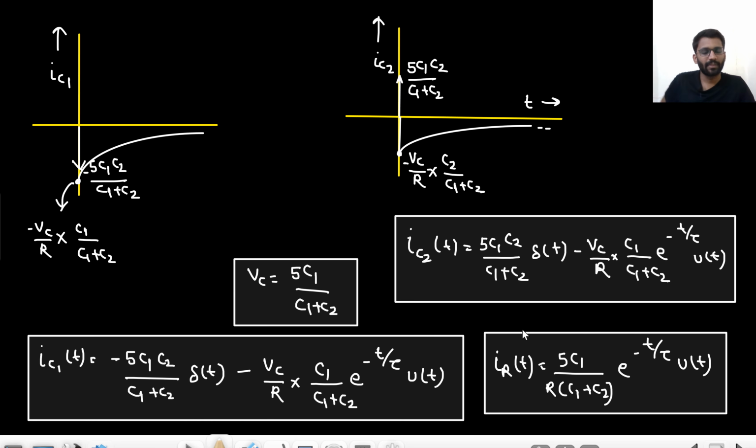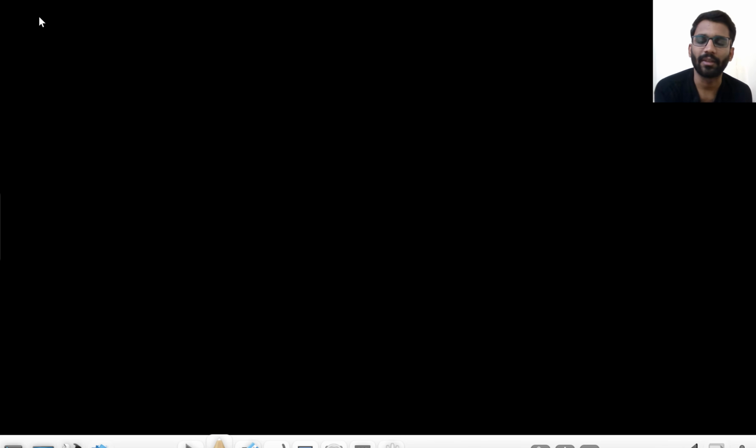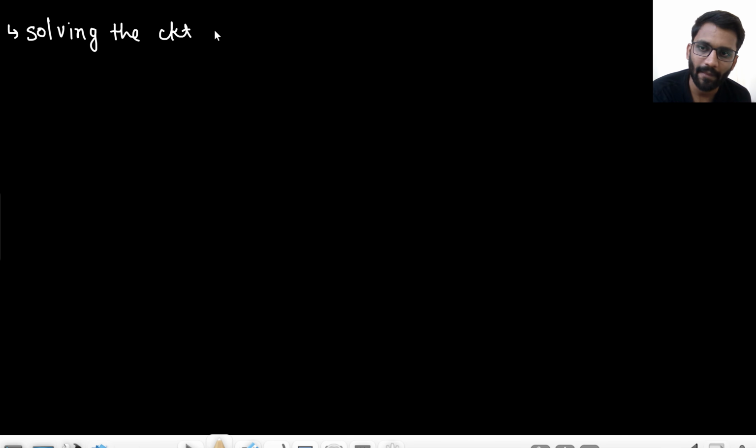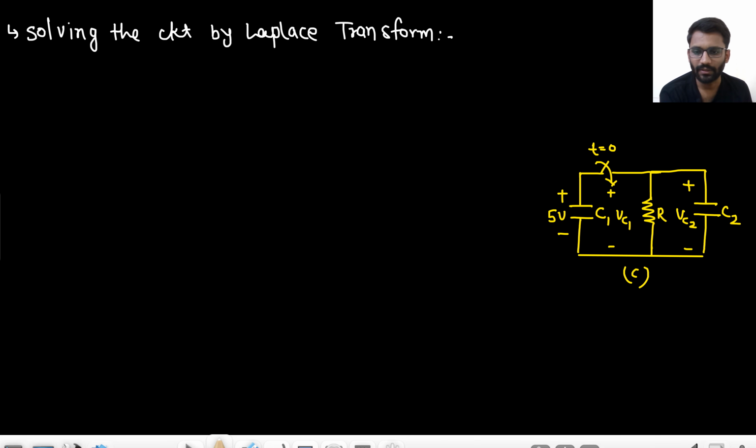You can solve the circuit by Laplace transform as well. Let's just solve one of the circuits by Laplace transform. I will just make the circuit. You can solve the next part on your own. Okay, so I guess I can copy the circuit.